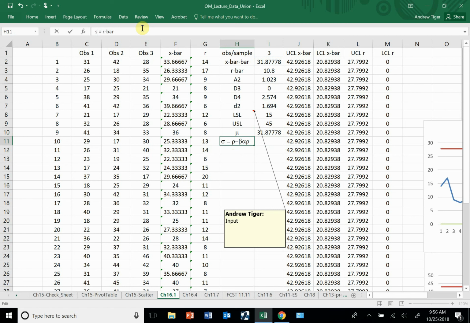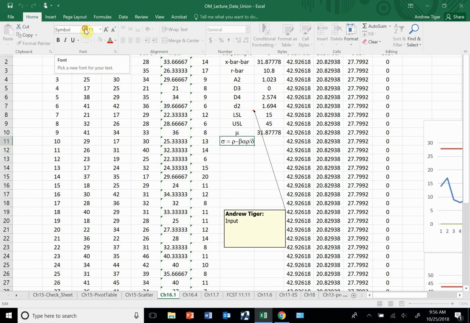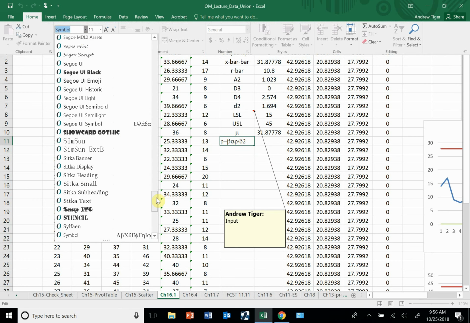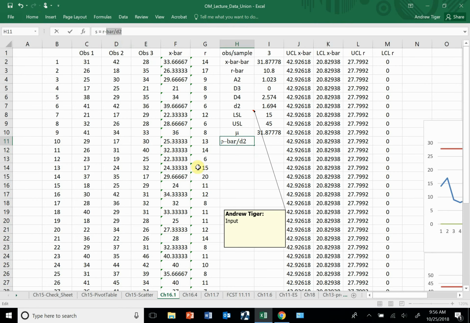the sample range average, divided by d2. But all that, we don't want that in Greek. Put that back in your normal font. There we go.